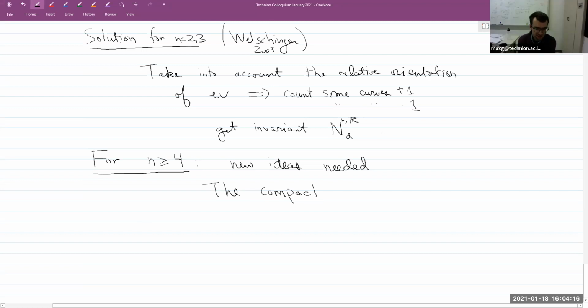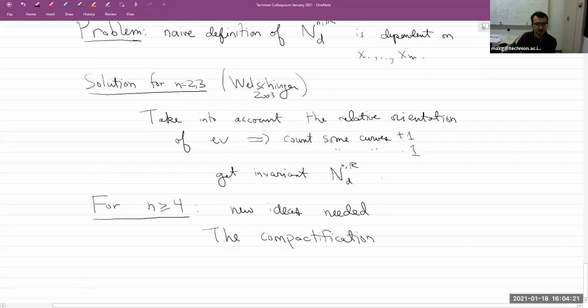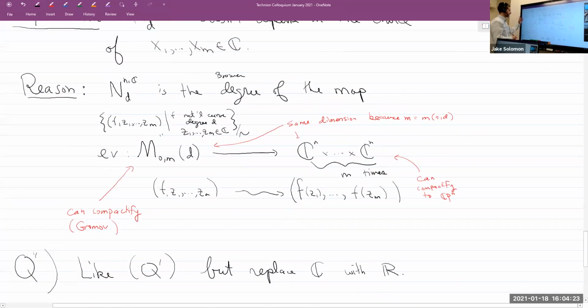How do you define the invariant again in the previous cases? I mean, you're just counting curves whose image passes through a given set of x1 to xm in C^n for the first problem, or R^n for the second problem. And you can think of that as being the degree of this map.